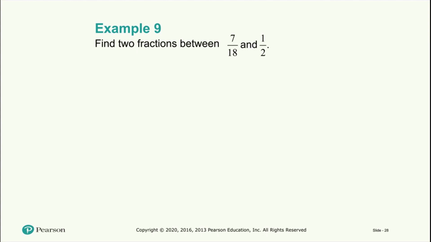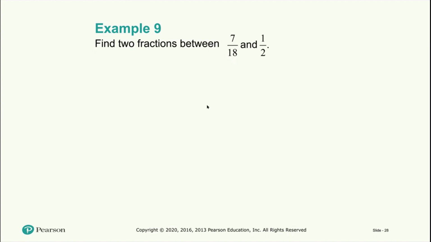One real easy way to do that is to write both of these fractions with the same denominator. In this case, we can see that the least common multiple of 2 and 18 is just 18.